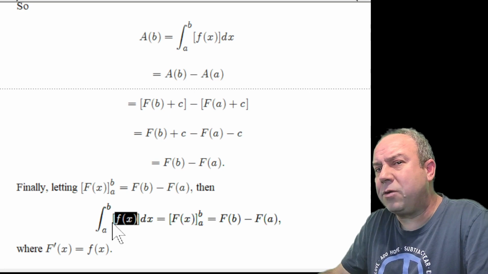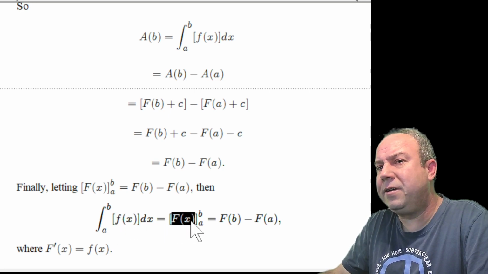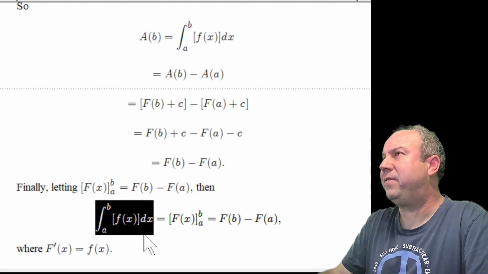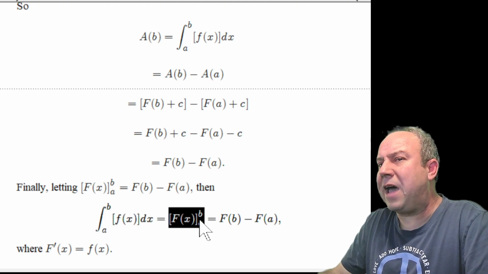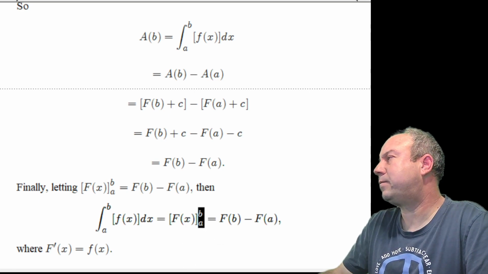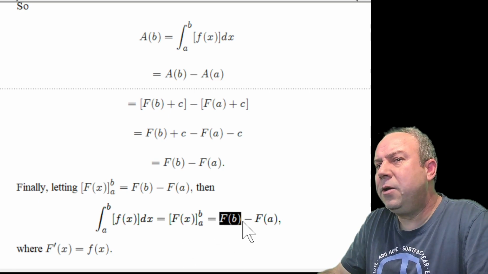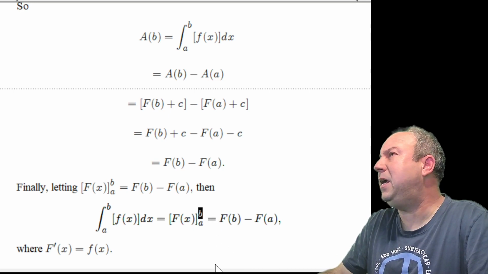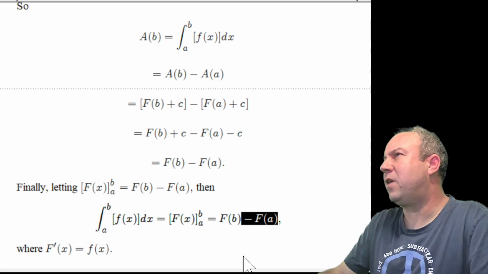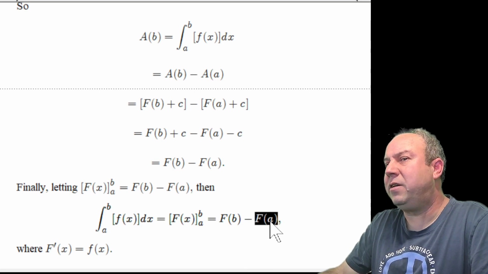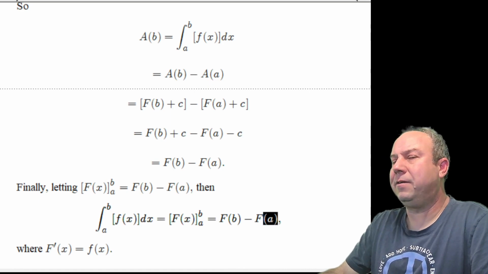The antiderivative of little f is going to be cap F, and it's going to be equivalent to that definite integral when we evaluate it across the bounds from a to b. Which means we're going to evaluate that antiderivative at the upper bound of b and take away from its value the value of the antiderivative at the lower bound at a.